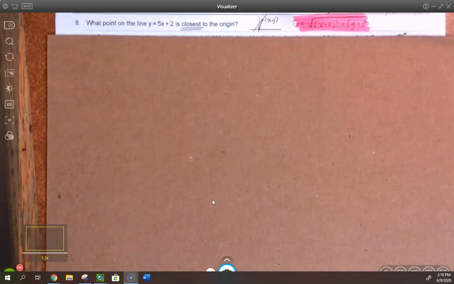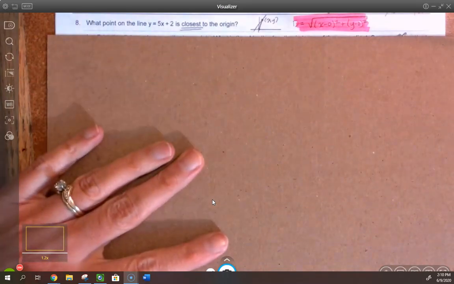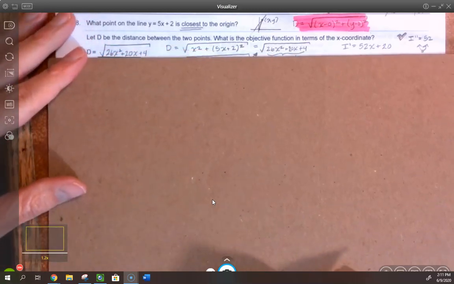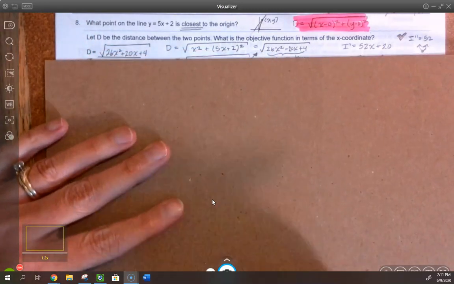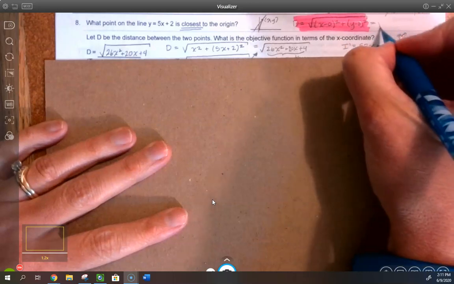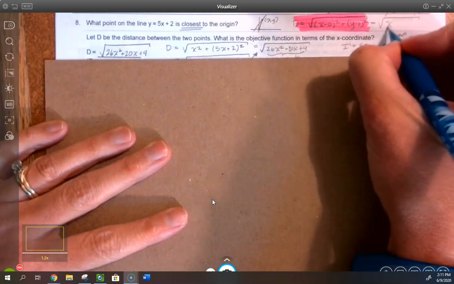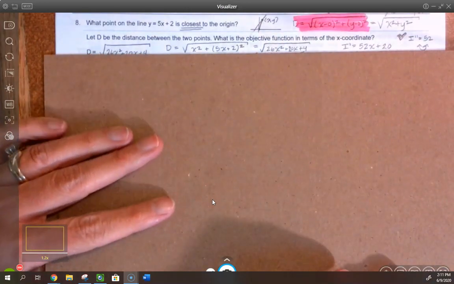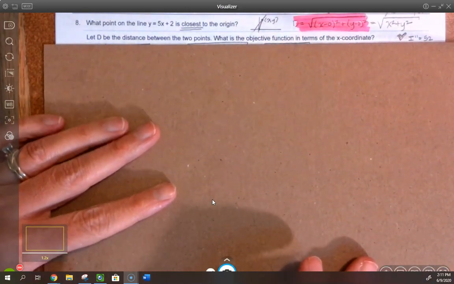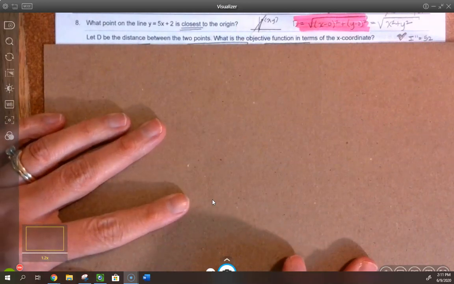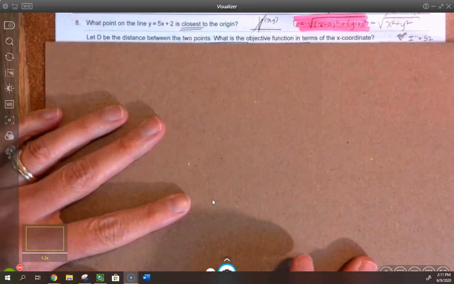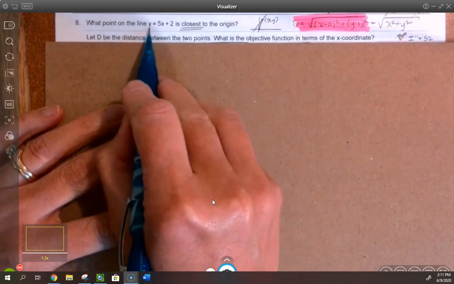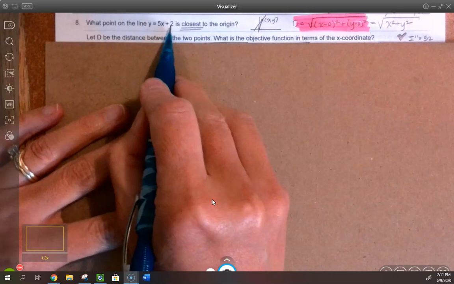Right? And we can write that as d equals the square root of x squared plus y squared. And I don't know where I wrote that. Let's go ahead and write that in here. This is the same as the square root of x squared plus y squared. Well, our constraint is that y is equal to 5x plus 2. So this is a little bit different, that they didn't give us some number here, but they did tell us that y has to be equal to 5x plus 2.